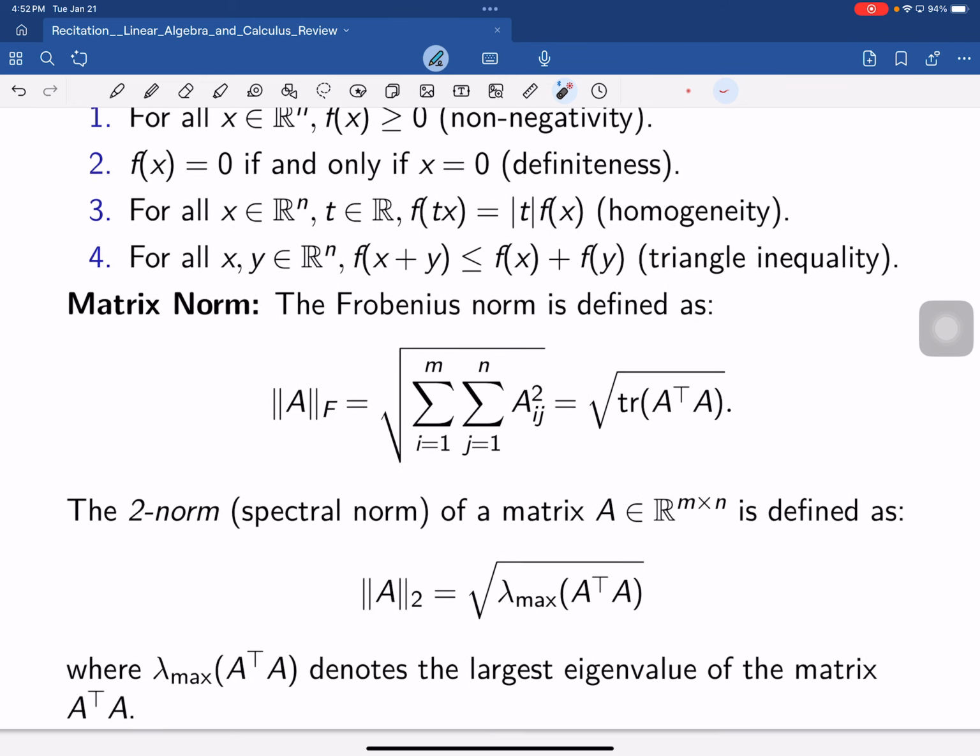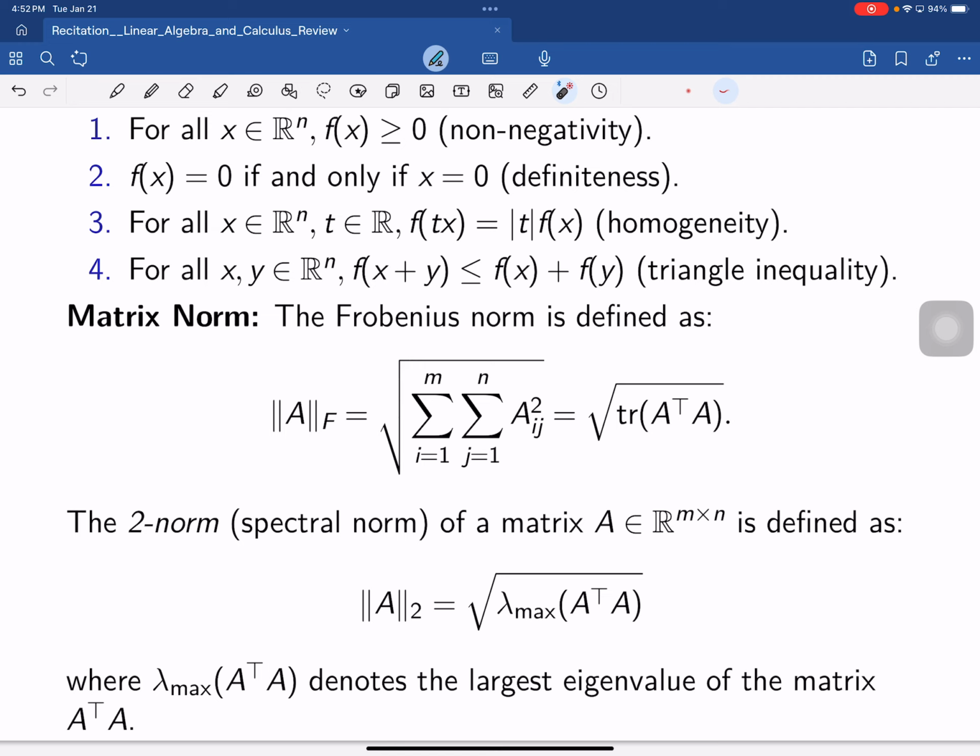Okay, so if you want to define norms in matrix form, these are the two most commonly used matrix norms. The Frobenius norm is quite intuitive. You just take each entry of this matrix, square them and sum them up, and then you take the square root. So you might get confused because the Frobenius norm is similar to the 2 norm in vector norm, right?